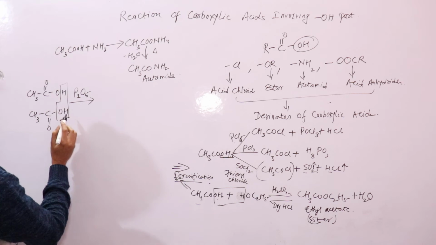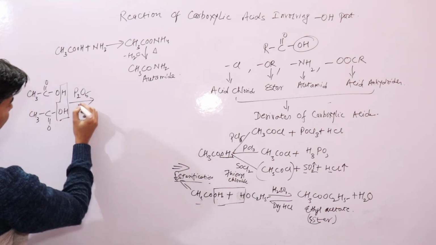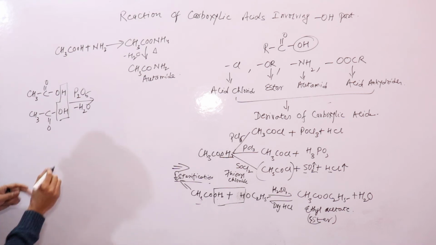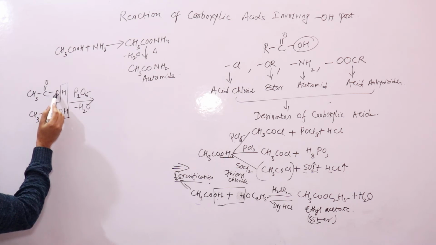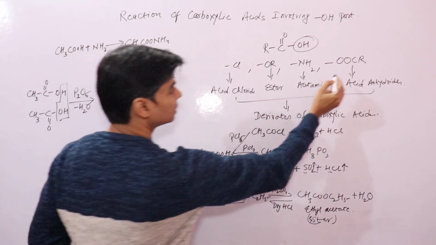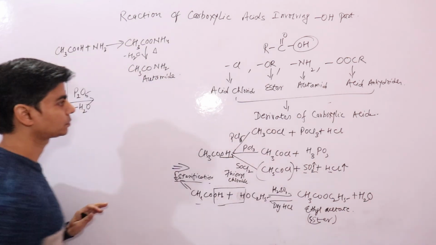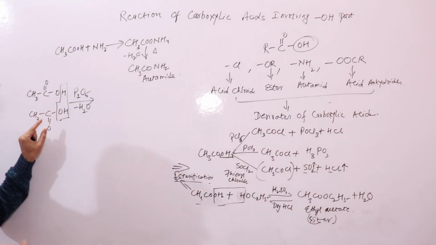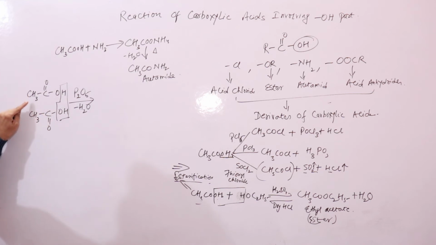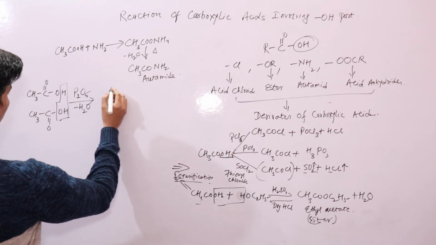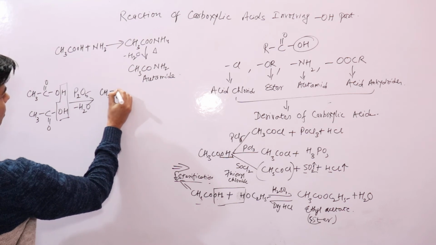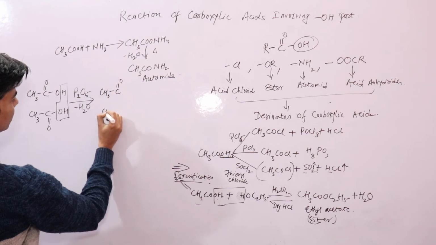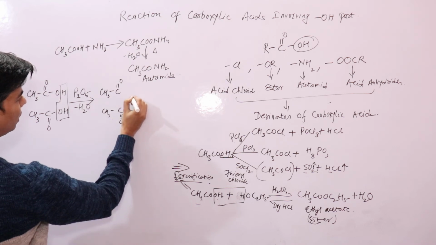Water would be eliminated, minus H2O, and you can see that here also this OH would be replaced by OOCR, like this. This is the reaction. So the OH of one molecule of carboxylic acid would be replaced by CH3COO of another molecule of carboxylic acid, and what it will result in is an acid anhydride. This is your acid anhydride.